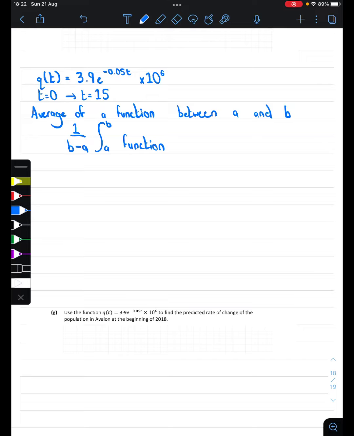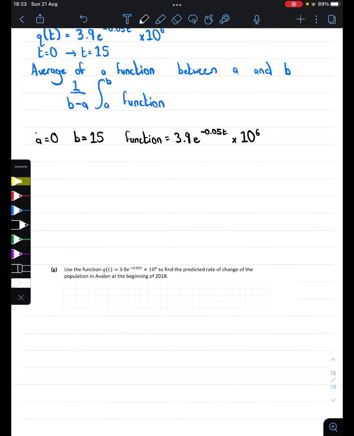In our case, a equals 0, b equals 15, and our function equals 3.9 e to the minus 0.05 t by 10 to the power of 6.